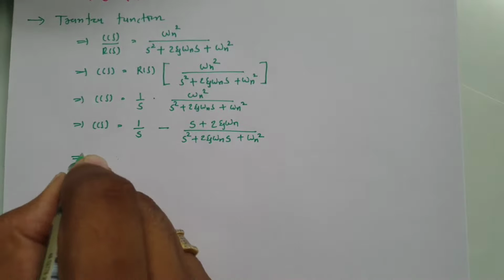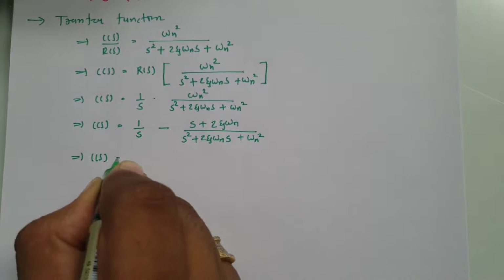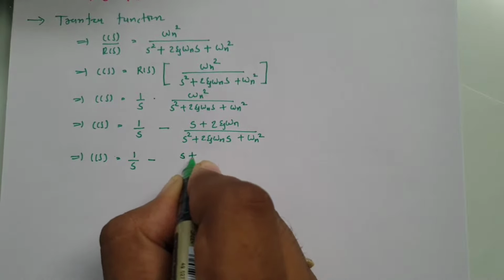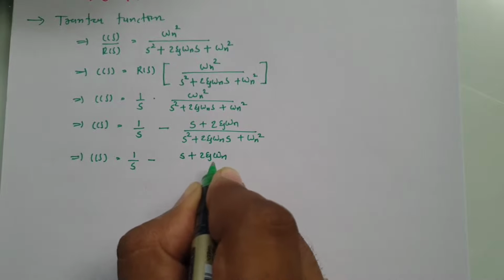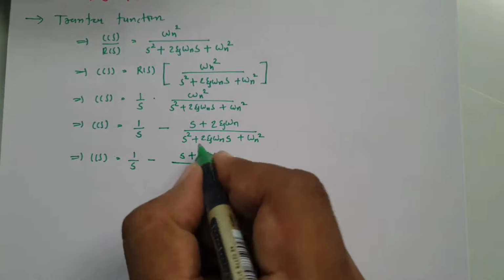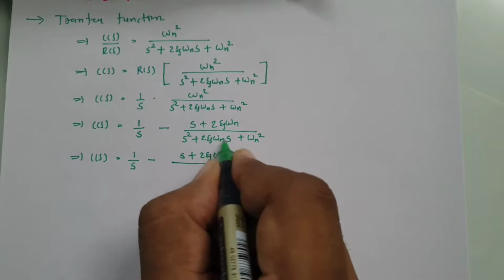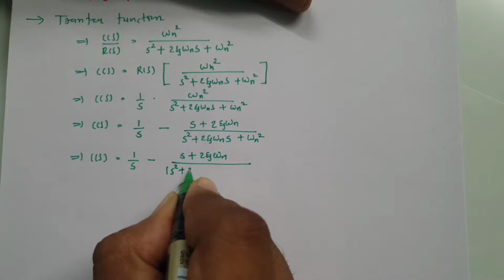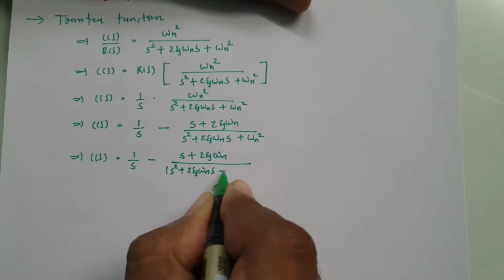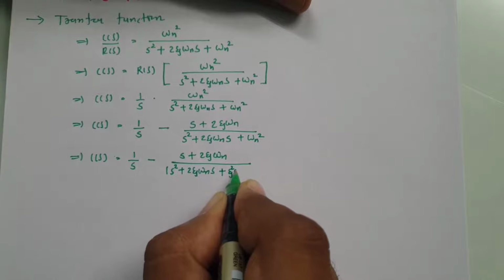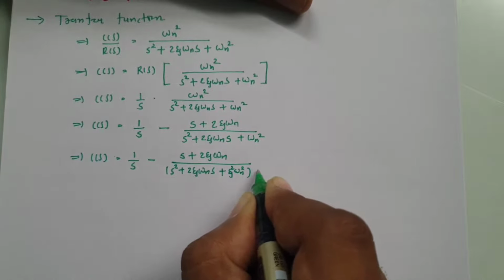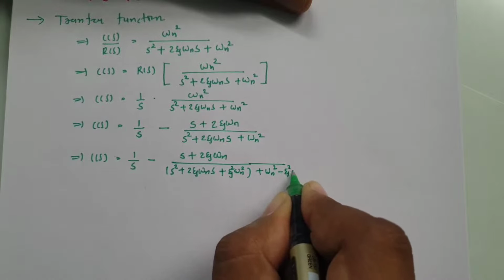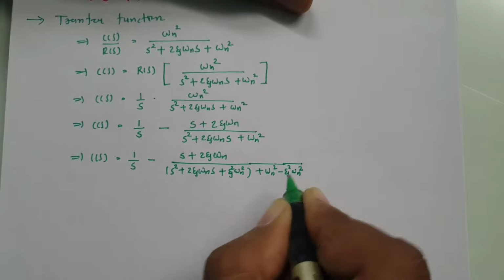Now I will try to further simplify this. So C of S is 1 by S minus S plus 2 zeta omega n divided by, I can rewrite this denominator as s square plus 2 zeta omega n s plus zeta square omega n square, plus omega n square minus zeta square omega n square, that I need to do, right?